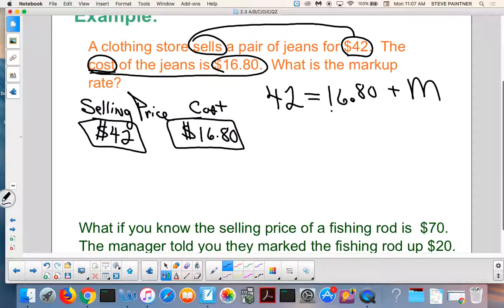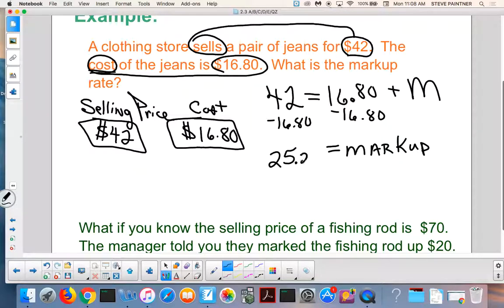Well, solve it. Minus 16.80 on both sides. Your markup is a number. How much money did you mark it up? $25.20. So you bought them for 16, but you marked it up 25 and some. That's a huge markup.